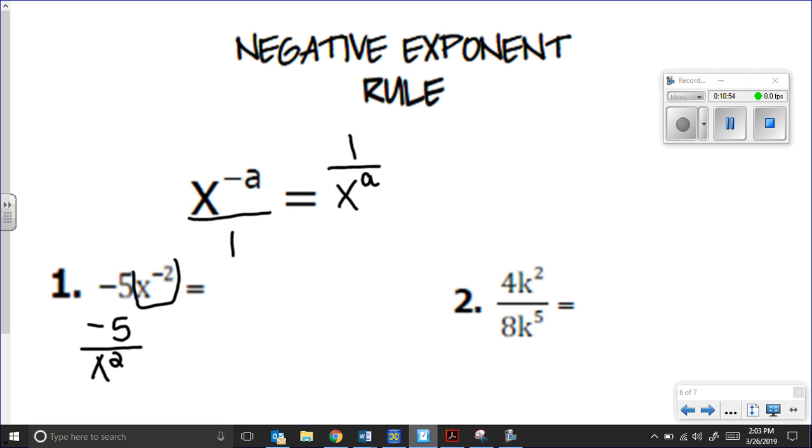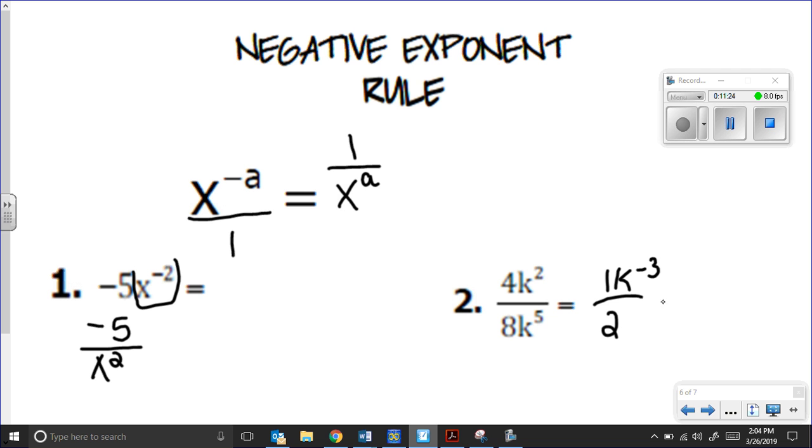So if we look at example 2, hopefully you see there's no negative exponents yet, but here's the quotient rule. So 4 over 8 would simplify to 1 over 2. And then we do k to the second over k to the fifth, which is the quotient rule, so we're going to subtract. 2 minus 5 is negative 3. So this will be k to the negative third. Now you're never done if you still have negative numbers in your problem.